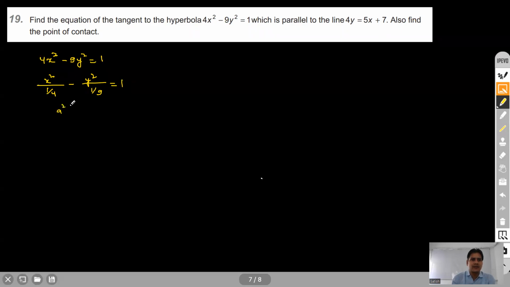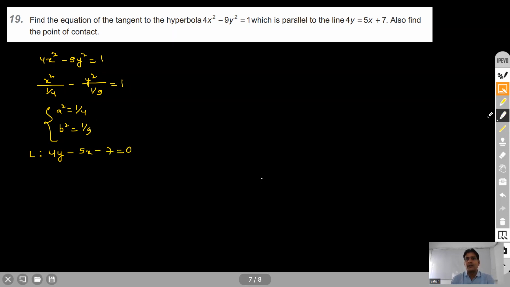So here a square is equal to what? 1 by 4. And b square is equal to what? 1 by 9. Right? And the given line is 4y minus 5x minus 7 equal to 0.